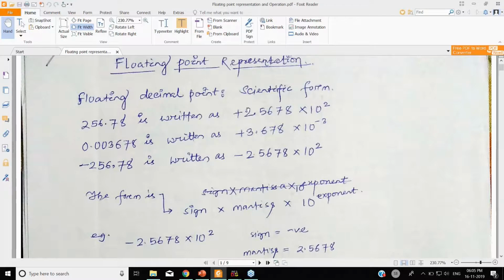But in binary, it is always 1 or 0. In decimal, we have 10 different symbols which can be placed here. But in binary, either it is 1 or 0. So we can also write it like this: 0.2568 into 10 to the power 3. It will not change the value, rather it will be a different normalized format.